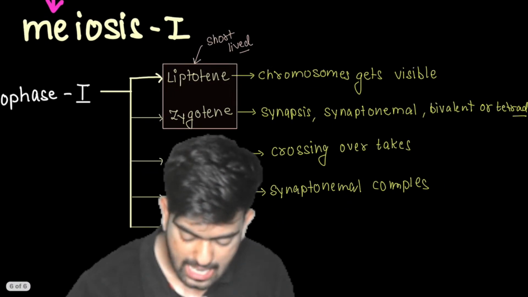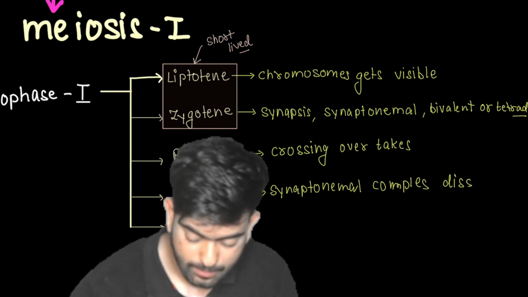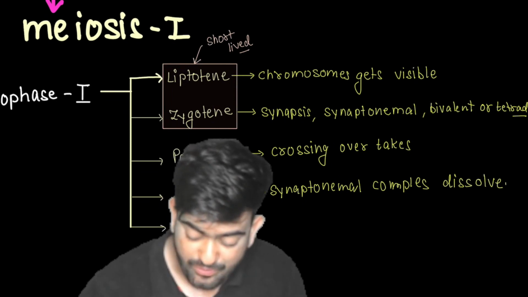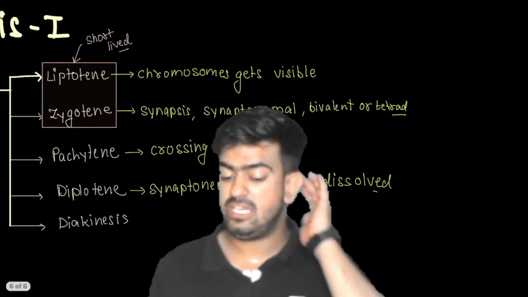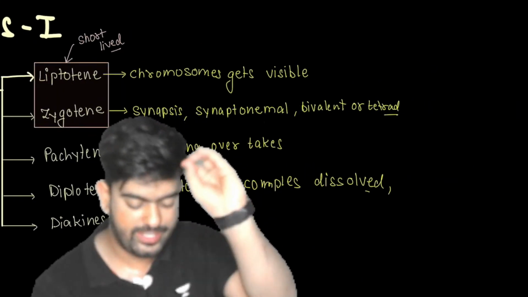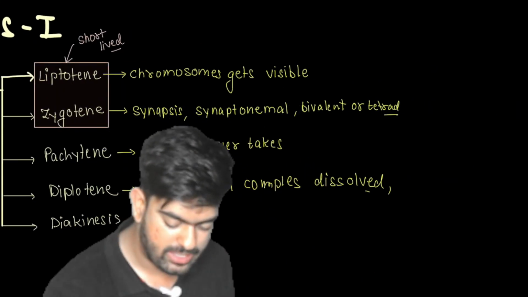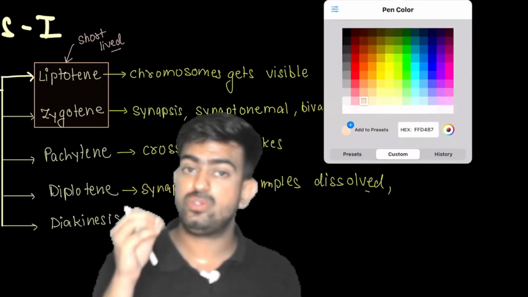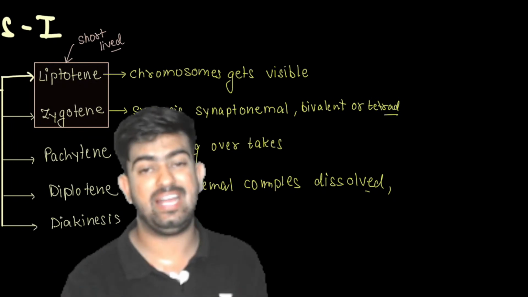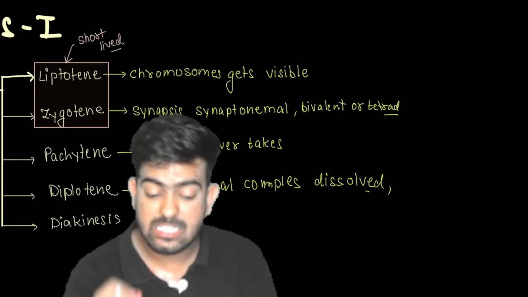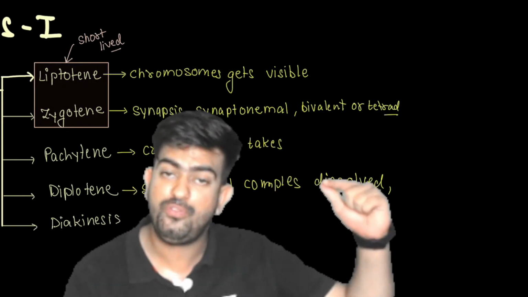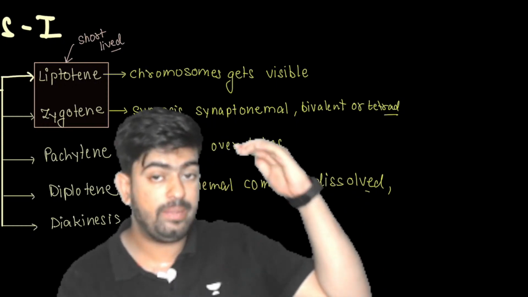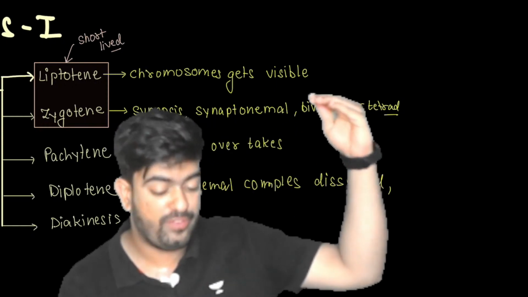Okay, and there is one more thing here which is very frequently asked in NEET. It's one of the favorite questions of the NEET examiner, which is chiasmata. They are going to ask you where the chiasmata is formed. So the chiasmata is formed in the diplotene stage of prophase 1, right?